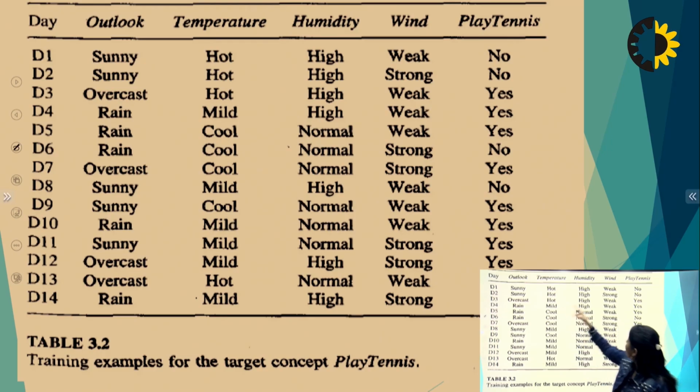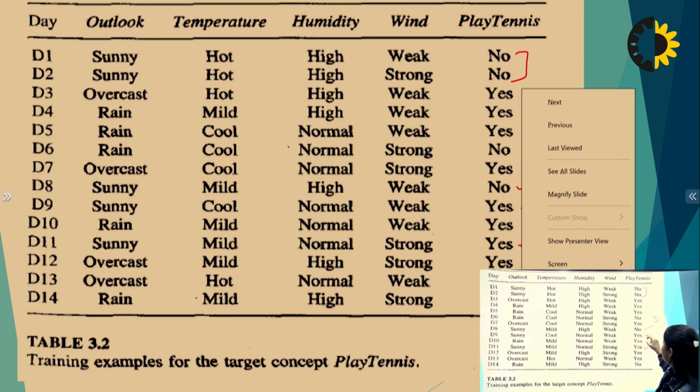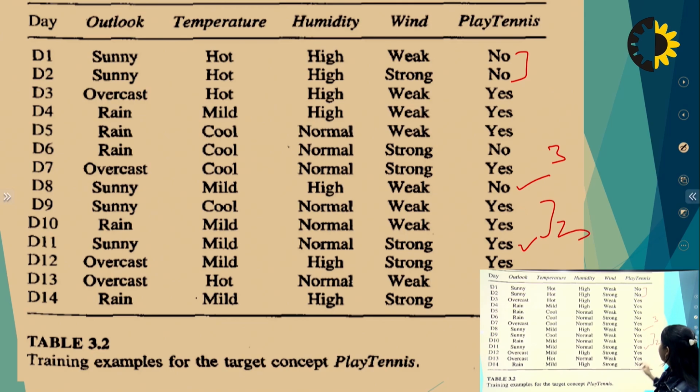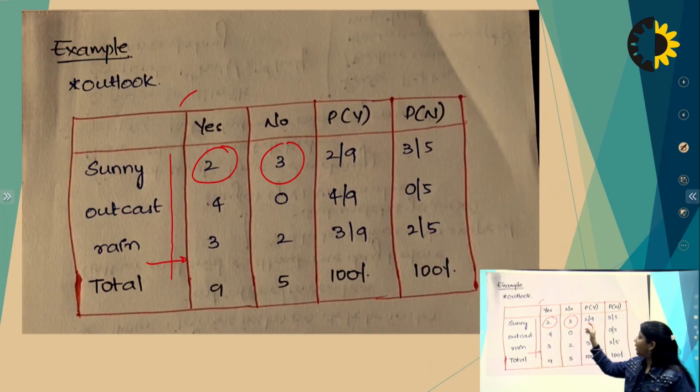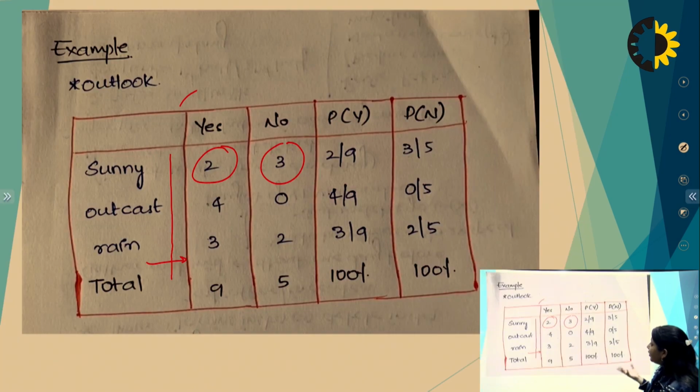Out of 14 instances we have 9 yes in total, and for the no case we have only 5. So 2 by 9 and 3 by 5, 4 by 9 and 0 by 5, 3 by 9 and 2 by 5.